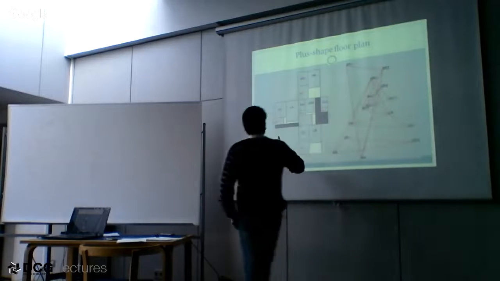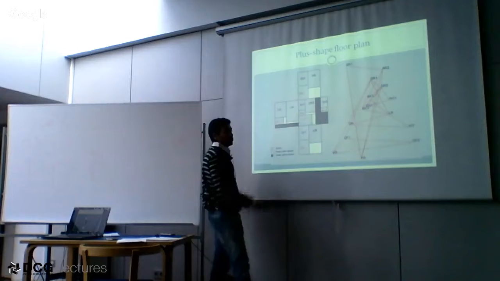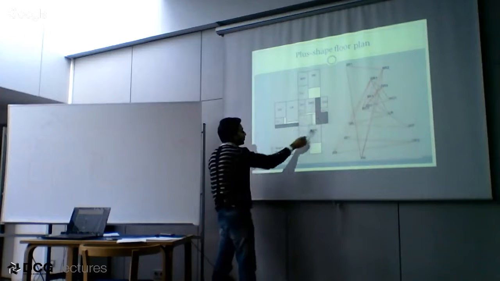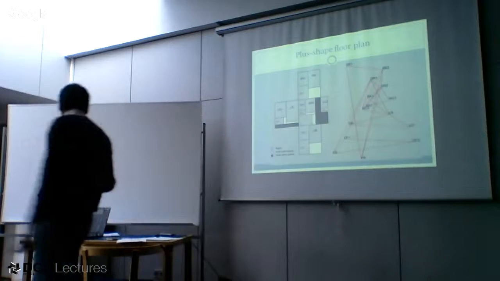So like here it has dining room, kitchen and living room. There are 2 bedrooms, playing room, 2 offices, library, and this is now done computationally.